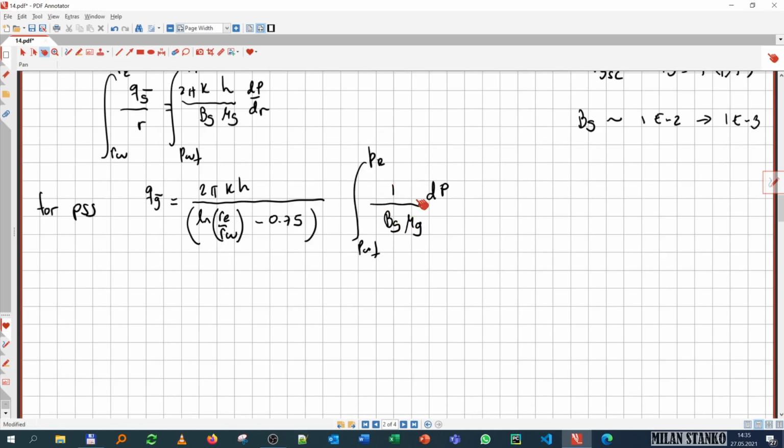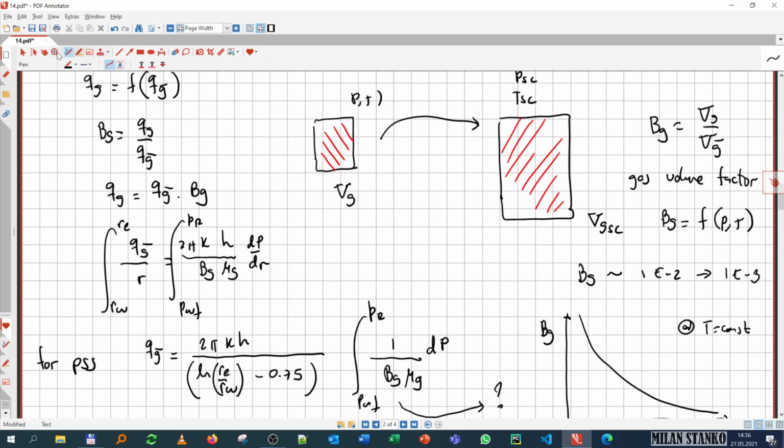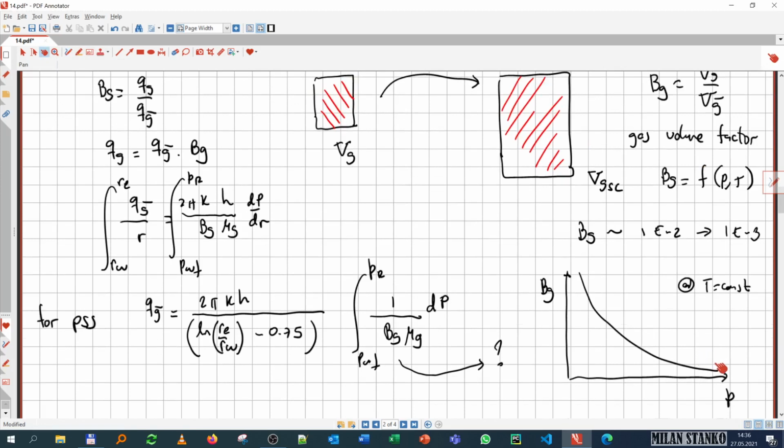Okay, so one thing we can do here is try to say, how do we define this BG? Because if we have an expression, we can simply integrate the behavior of BG with pressure. It's something like that at constant temperature. When I increase the pressure, this volume is becoming smaller and smaller, and that's why the ratio is becoming smaller and smaller.